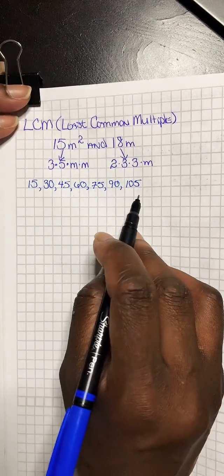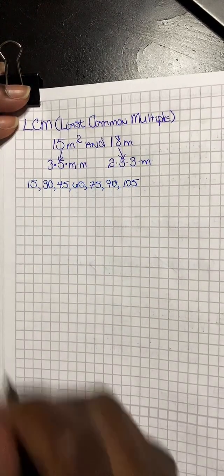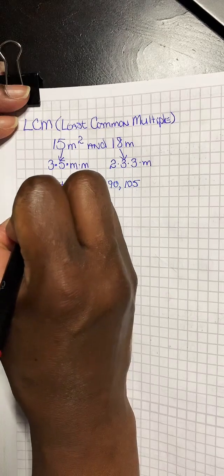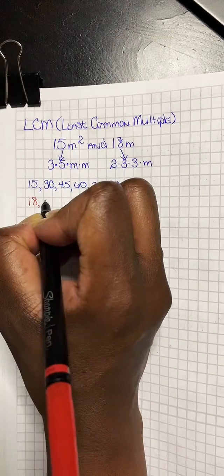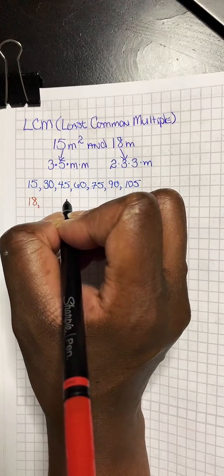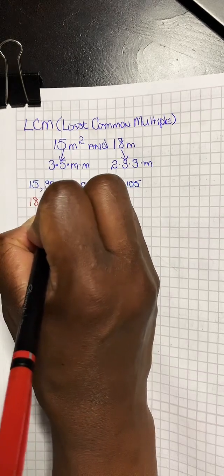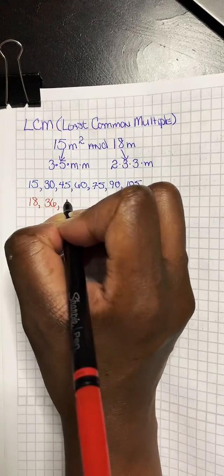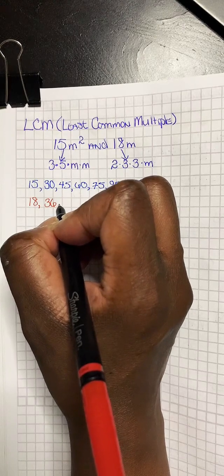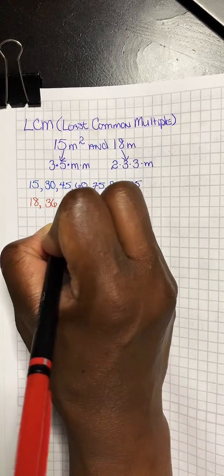That's the 15 times tables. If I do my 18s, so we got our 18 times 2. Here we go, 36. Okay, 36. Plus my 18, we got our 54.